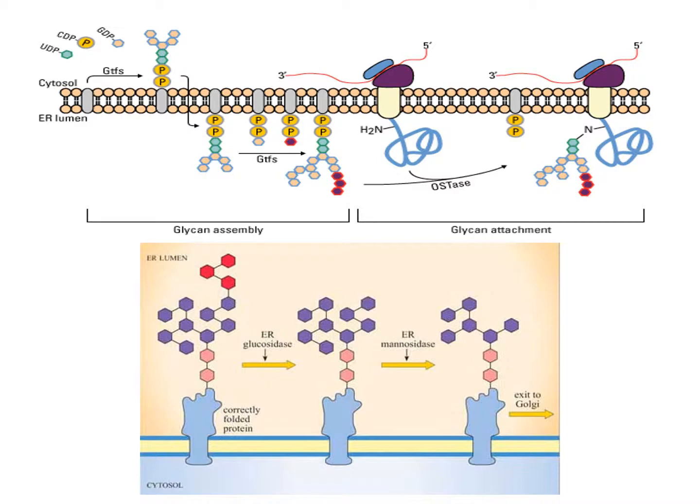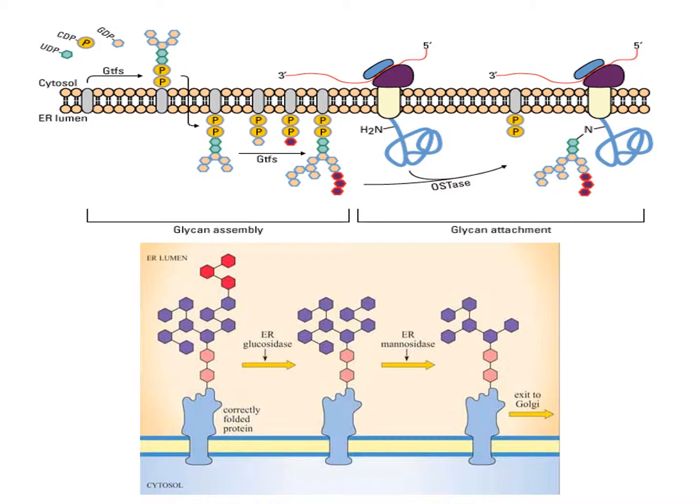So you may not have remembered the carbohydrate symbols in chemistry, but these little hexagons all represent a different sugar here. And you can see there is an assembly of this, they call it a sugar tree here. Doesn't it look like a tree?